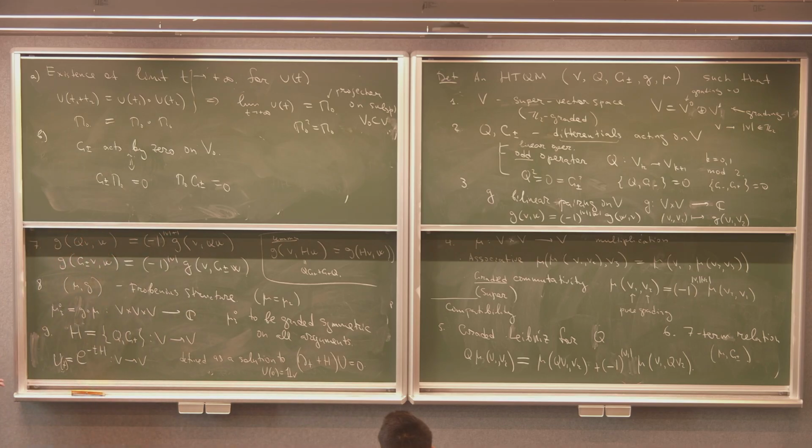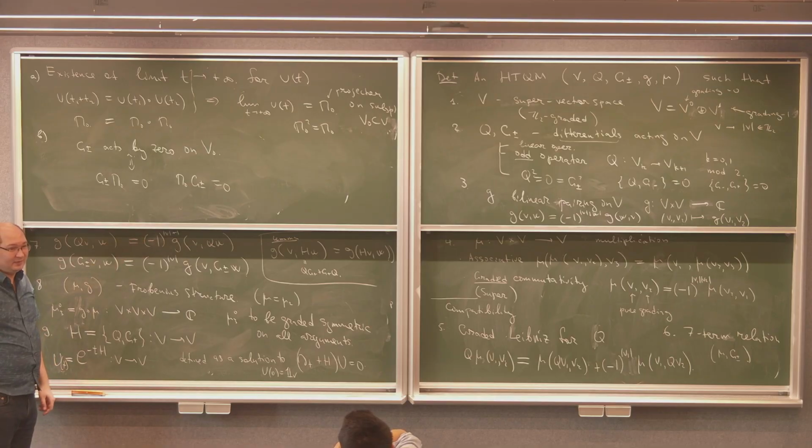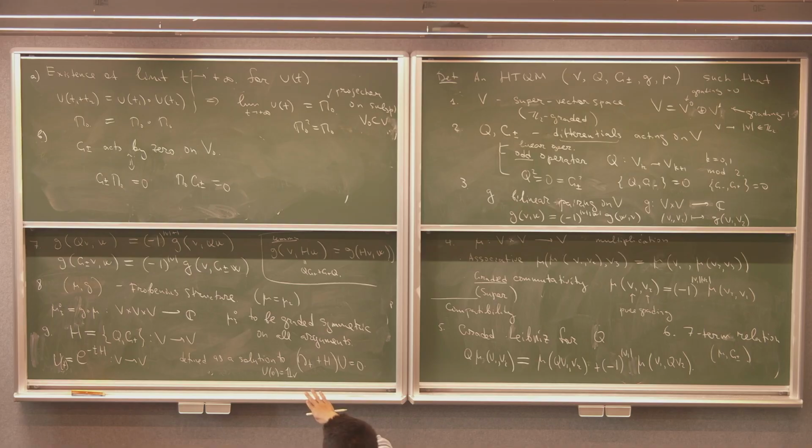And to make it Hermitian, we need to offset these sign factors for Q and G plus. Yes, if we require this H to be Hermitian, then there should be a sign here. But no, the sign should be exactly offset by 1. Yes, but if on the left hand side we set the same sign, then on the right hand side we will have anti-Hermitian H. Yeah, but we want H to be really Hermitian.